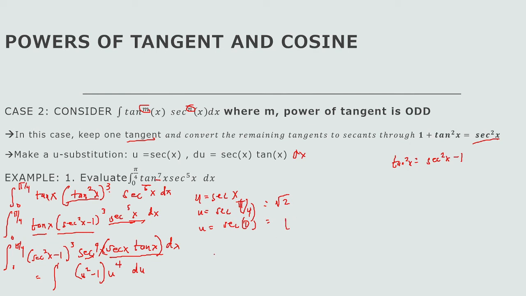So therefore, our new limit is from 1 to square root of 2. So let's erase this. To rewrite this, we now have from 1 to square root of 2, u squared minus 1 cubed, u to the power of 4 du.